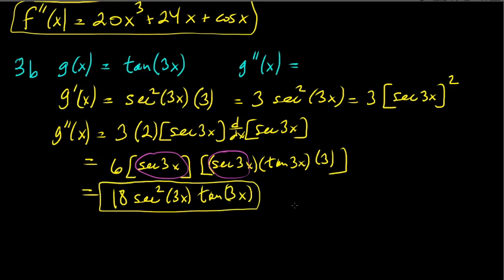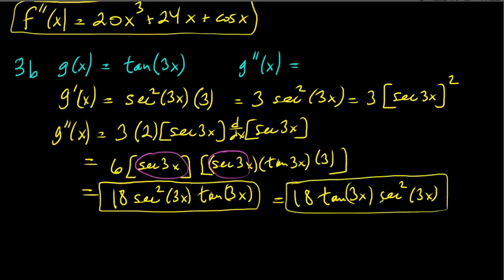I might have switched the order here. Doesn't matter, of course. I'll put the tangent first and then the secant squared, but either way is fine. Yeah, so this wasn't on the practice test, but it is a good problem.